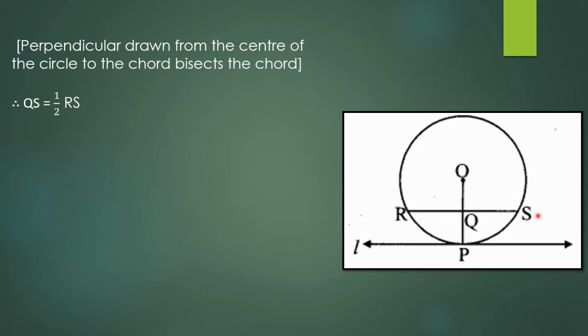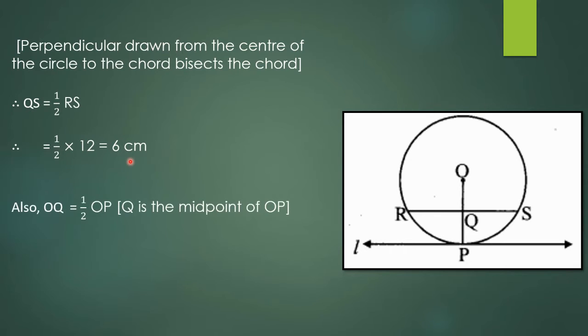Since OP bisects the chord RS, RQ and QS will be equal, or in other words QS will be half of RS. We know RS is 12, so half into 12 gives 6 centimeters. So QS is 6 centimeters.